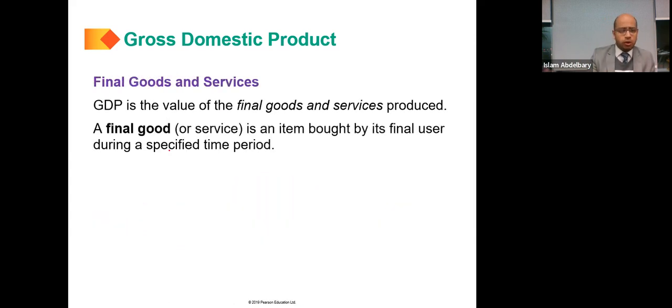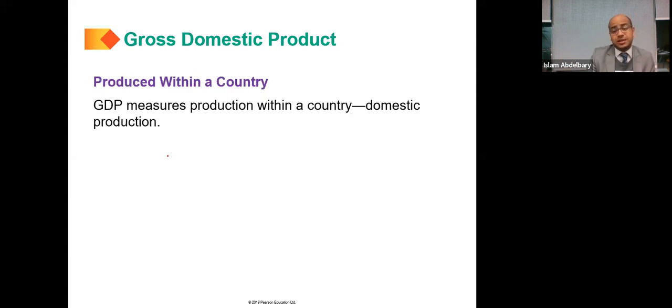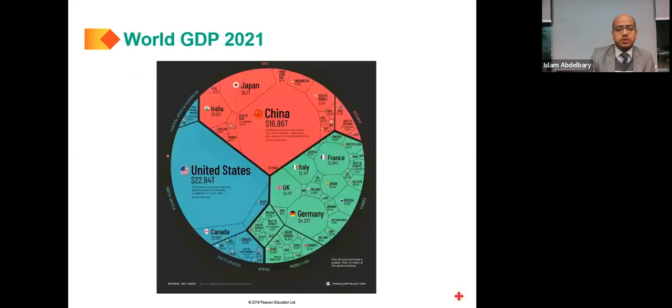We already mentioned the meaning of market value and a final good and service. So final good, not intermediate good, produced within a specific economy and within a specific time. And we reviewed some statistics about the world GDP last year.